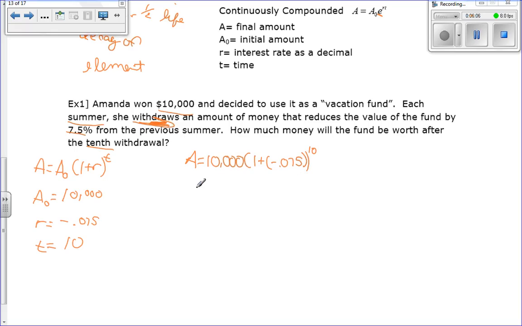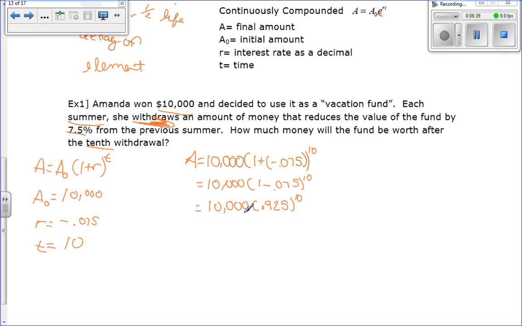Now I have to work with inside the parentheses first. So 10,000 times 1 minus 0.075, so plus a negative, to the 10th power. And when I actually subtract inside my parentheses, I will get 0.925 to the 10th power.